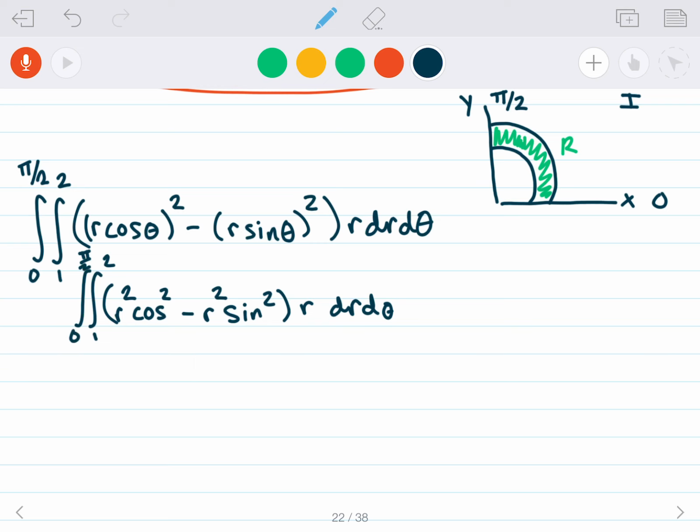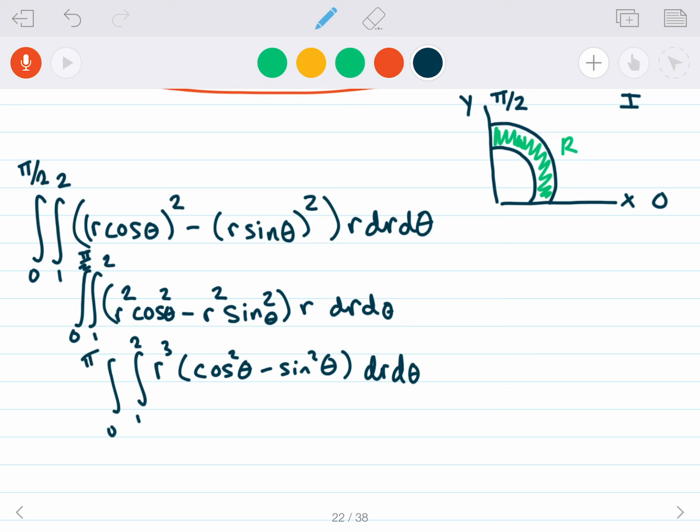I can factor out an r squared, so then I get cosine squared theta minus sine squared theta. And that r on the outside can be multiplied by the r in the front, so I write this as r cubed dr d theta. So we're going from 1 to 2, and then from 0 to pi over 2.